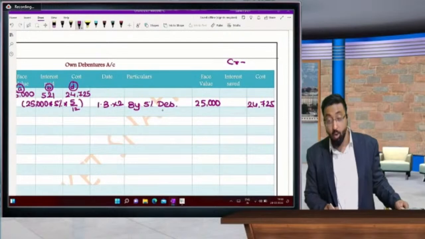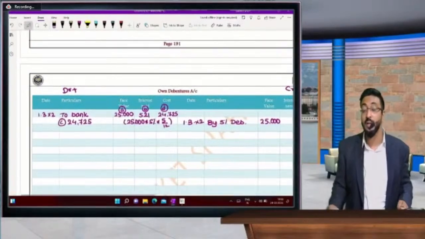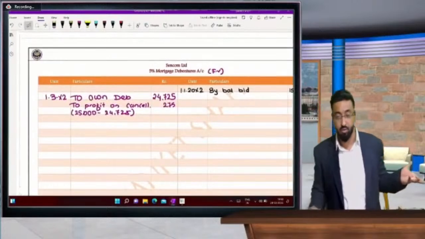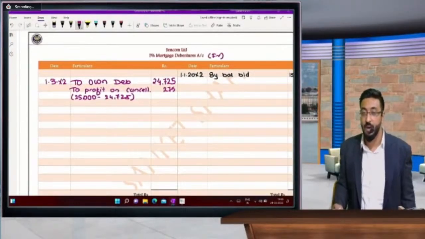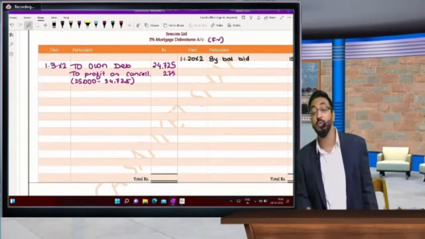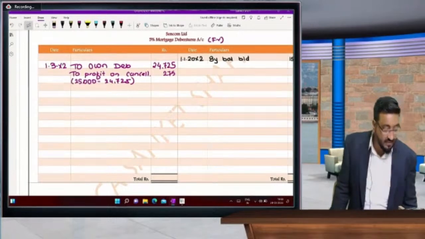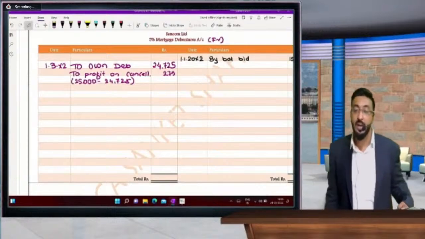On the opposite side, I write 25,000 and 24,725. 5% debentures is cancelled with own debentures 24,725, and the remaining 275, because my face value is 25,000. So this is all for own debentures account.